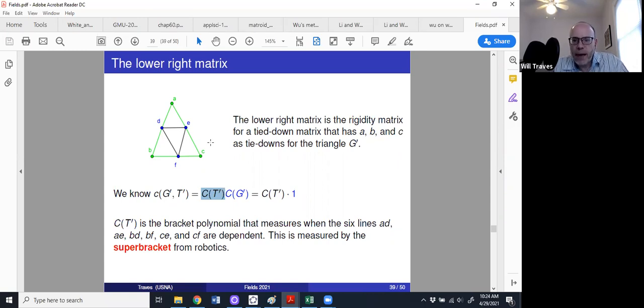Okay? And I thought about this for quite a while. When are 6 lines dependent in 3 space? And I was somewhat despairing of what was going on here.